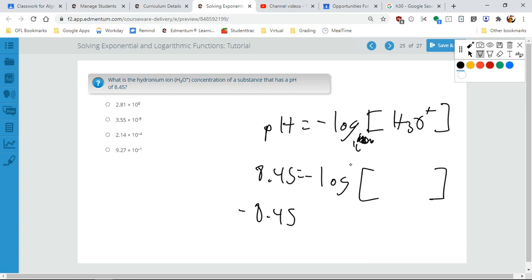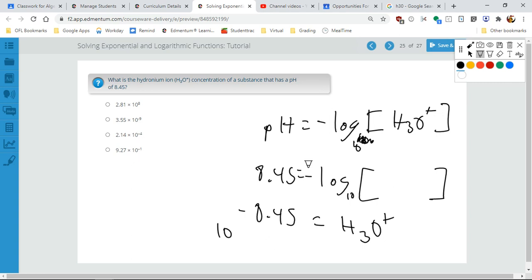So there's an invisible 10 here. So with that invisible 10, we're going to go here. And that's going to give us our hydronium concentration. We just learned that that's called hydronium. And they have it. Why do they have an exponent here? Oh, I see.